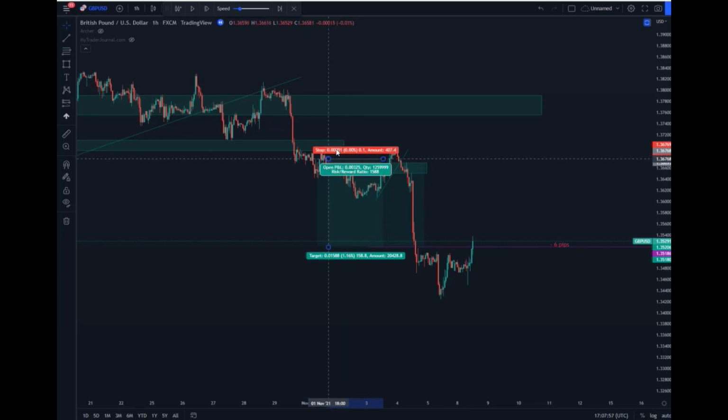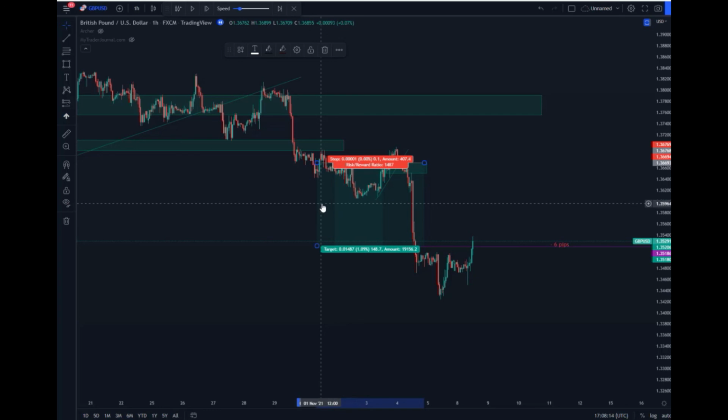Anyways, this is 100 and 58, so let's just round it up to 150. Our stop was 30, so that's 5% on this one. This here is 150 as well. Our stop was 35, so this is another 5 times 2%, so 10 plus 5%, guys. We made 15% on this trade.